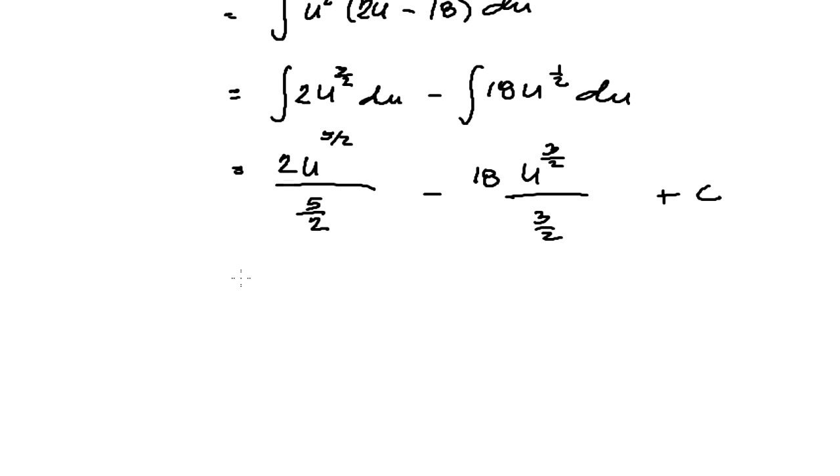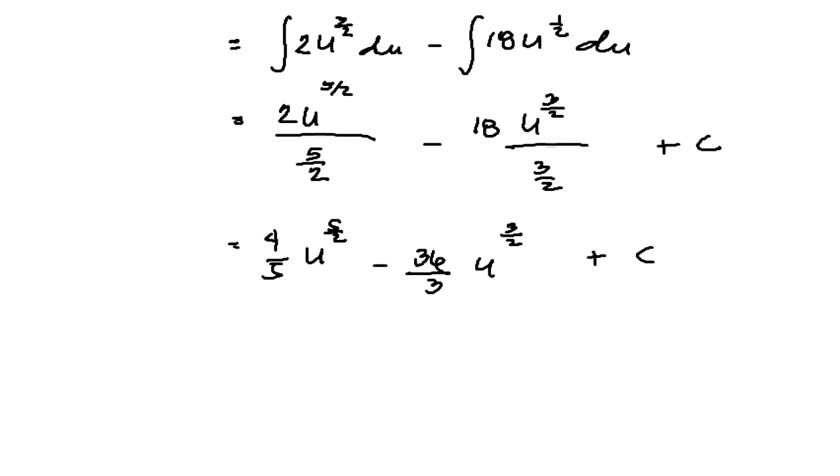Okay, simplifying it further, so we have 2 times 2, we have 4 over 5 u to the 5 over 2, minus 18 times 2, we have 36 all over 3 u to the 3 halves plus c.